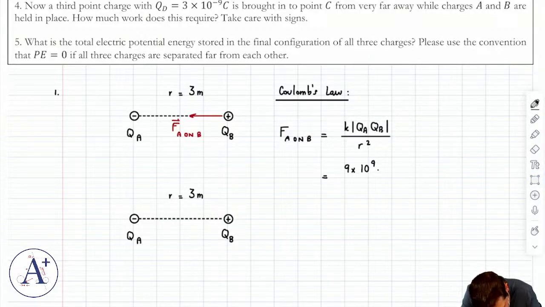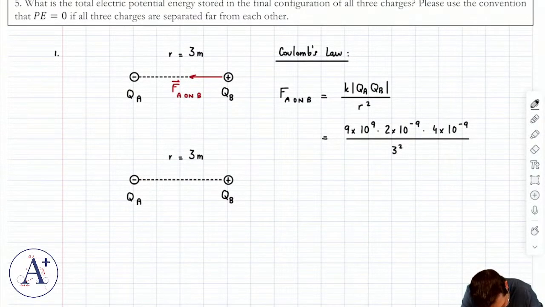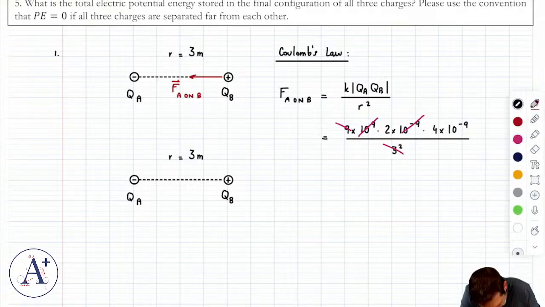Okay, so QA is 2 times 10 to the negative 9 in absolute value. And then QB is 4 times 10 to the negative 9, divided by 3 squared. All right, so 10 to the negative 9 and 10 to the 9 go away. 3 squared and 9 go away.